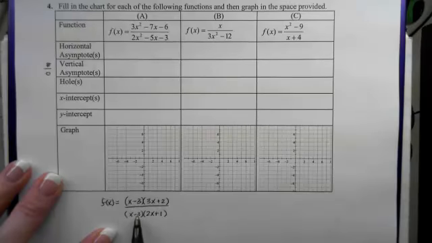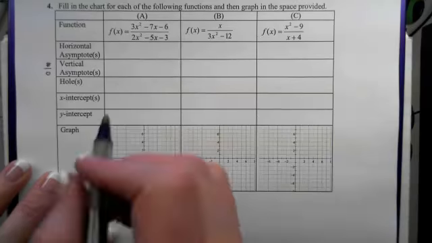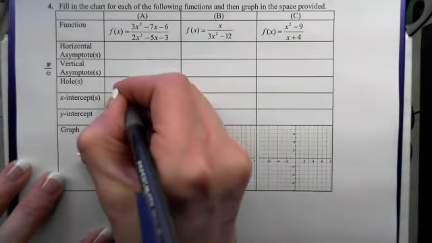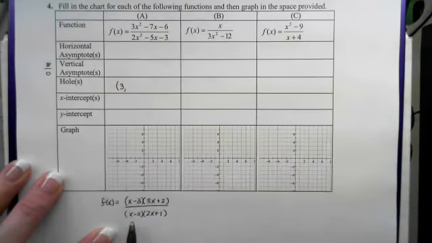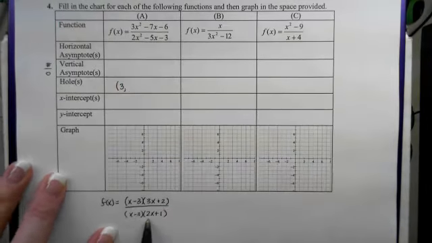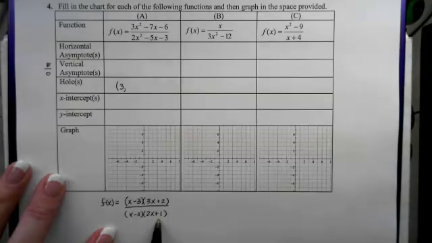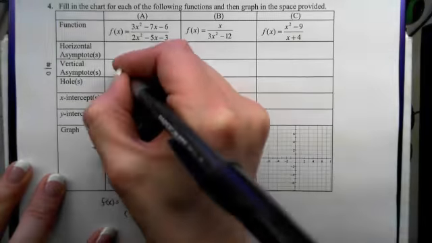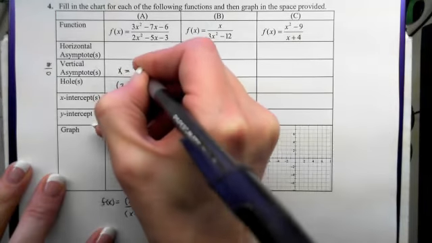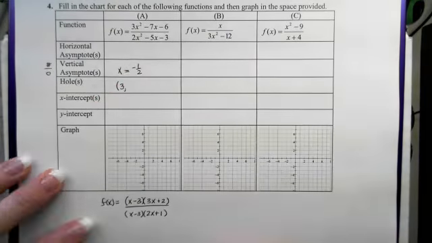So we can see that this 3 that makes a 0 with the x minus 3 factor is also a 0 on the top. So that's not going to be a vertical asymptote. That's going to be the location of a hole. So we can put 3 is the x-coordinate of the hole. The vertical asymptote will occur at x equals negative 1/2. So we can come up here and say x equals negative 1/2 will be a vertical asymptote.